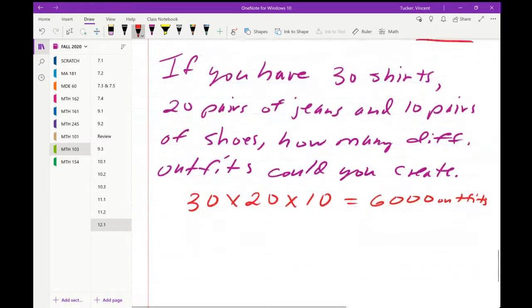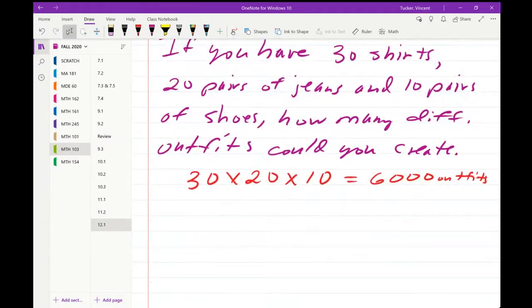All right. So once again, we multiplied the number of options we had in each category. There were 30 shirts, 20 pairs of jeans, 10 pairs of shoes. So we multiplied the number of options from each category.